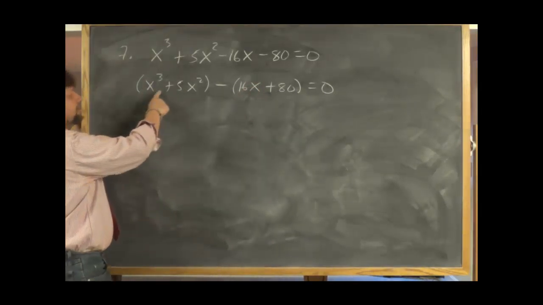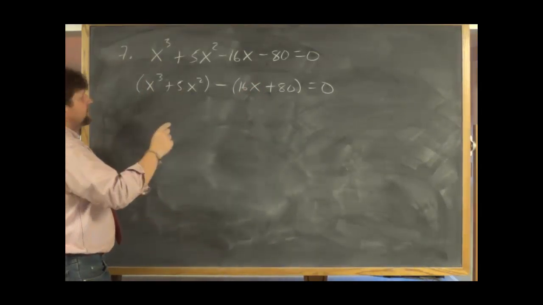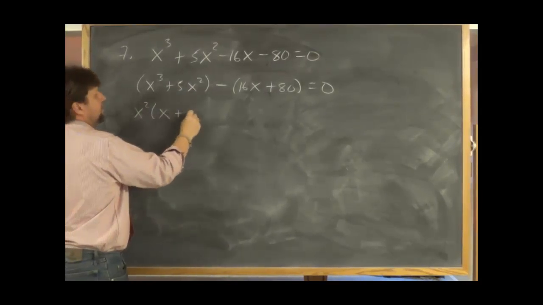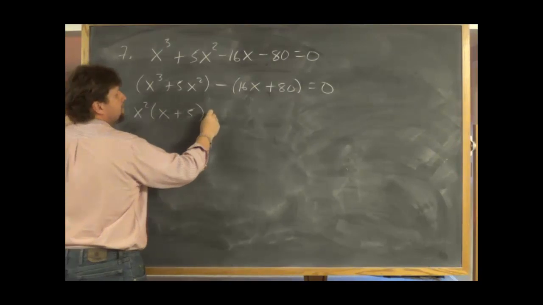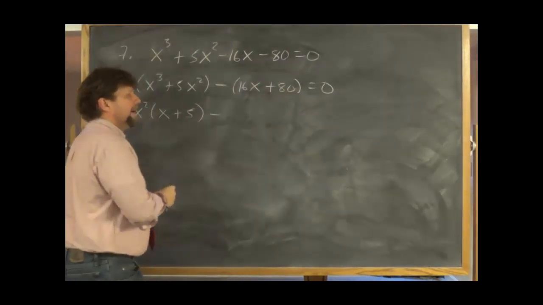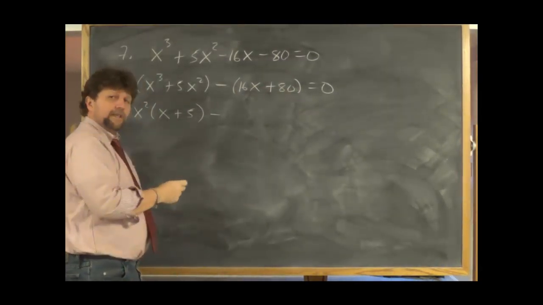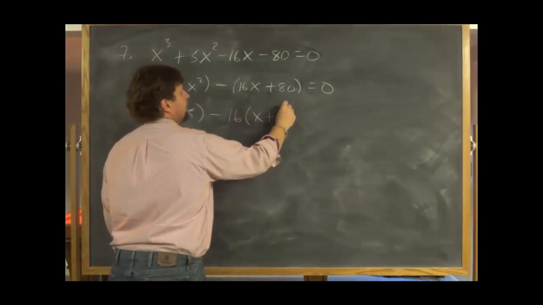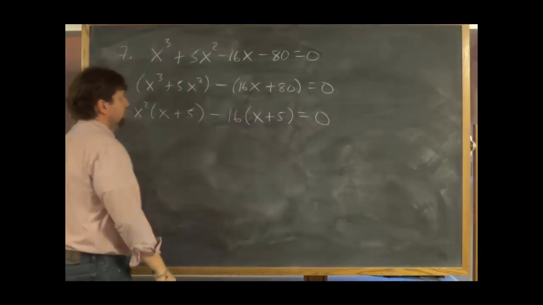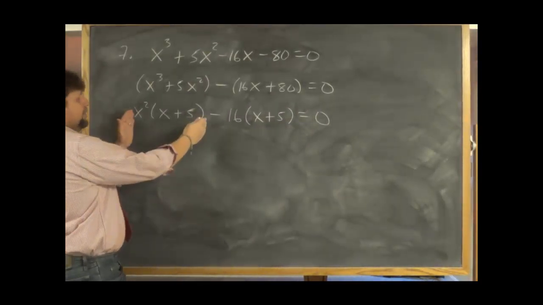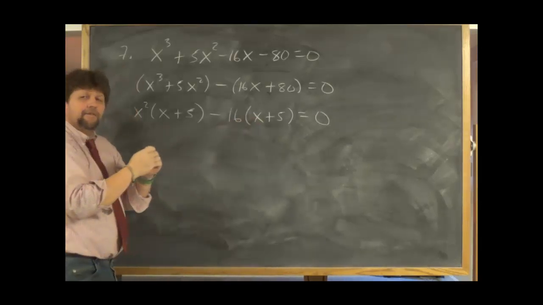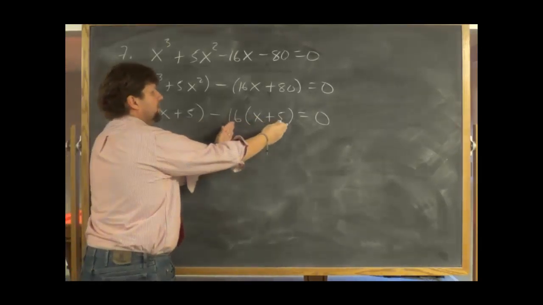Continuing, in this first group, a common factor is x squared. So I could rip out an x squared, and that leaves me with an x plus 5. In this group, a common factor is 16. And that will leave me with an x plus 5. Now in this term, you should be able to see that x plus 5 is a common factor to both of these terms.